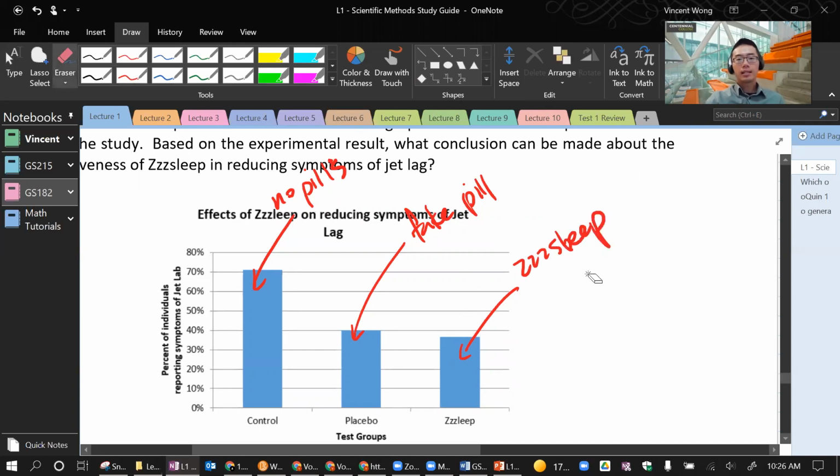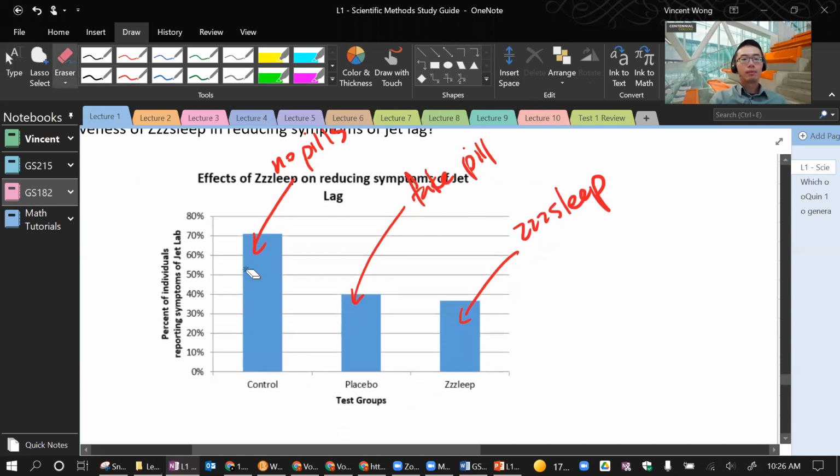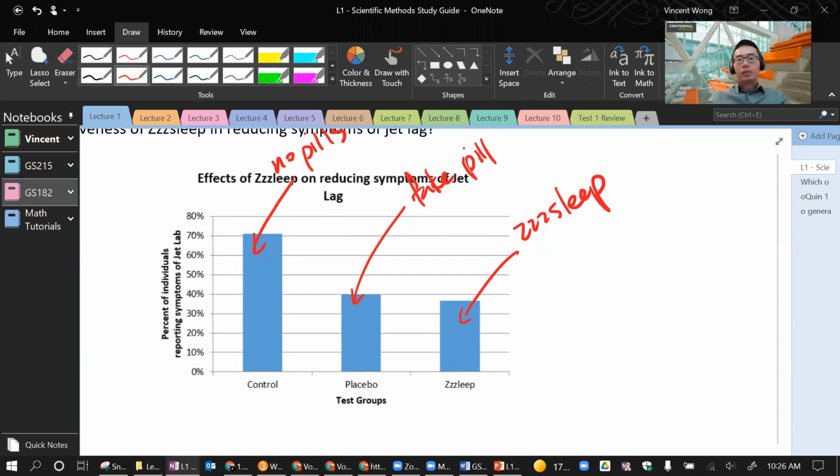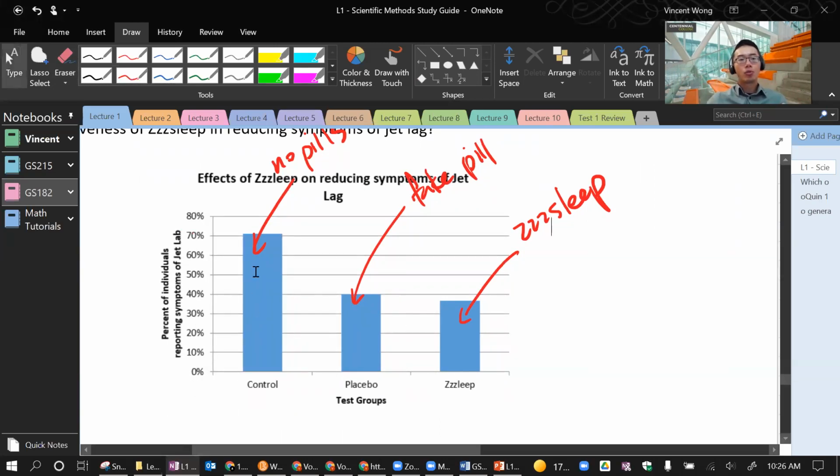Okay, so now does it work? Well, in the control group, people who didn't take any pills, 70% reported symptoms of jet lag. That is expected, right? They didn't take the pill, so nothing was helping them with the jet lag. You would expect a lot of people to have symptoms of jet lag.